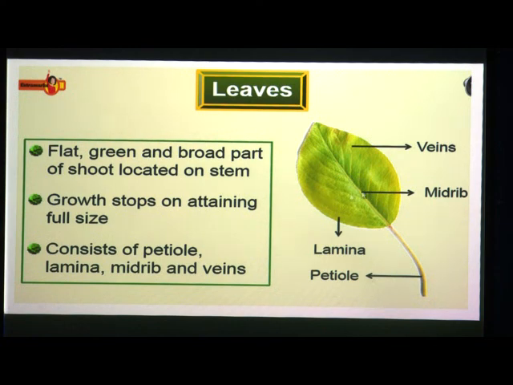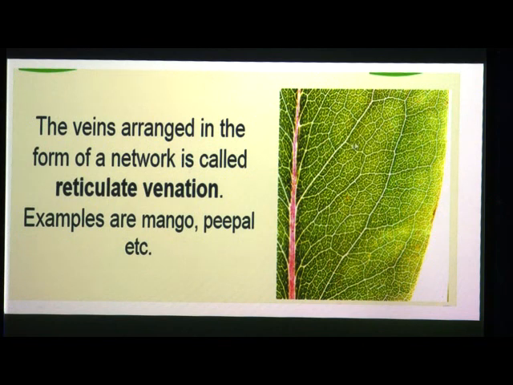All the veins are attached to this midrib. See, this is the midrib, this is the vein, and this vein is again divided into several small veins. This type of venation, where veins are arranged to form a network, is called reticulate venation. Venation means the formation of veins on a leaf.